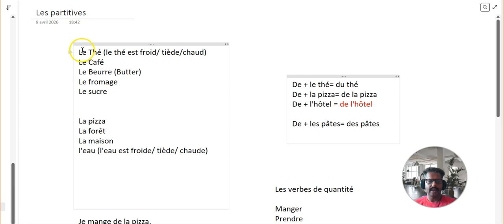On the left, I have made a list of nouns that are exceptions. Normally, about 80% of words ending in e, like éléphante in French, are feminine, but these are exceptions.